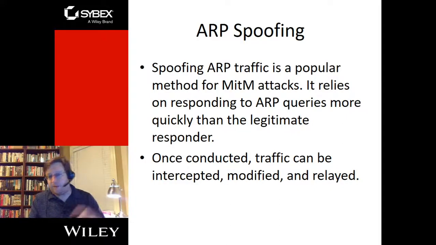ARP, if you haven't been through the networking class yet, is the protocol that's used to map the IP address that your computer is given to the MAC address, or the hardware address, that in theory is burned into the hardware and cannot easily be changed. That relationship mapping the MAC address to your IP address is something that certain kinds of network equipment depend on when they decide to route traffic in certain directions.